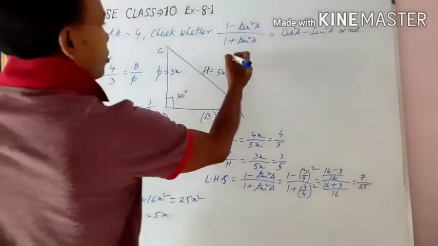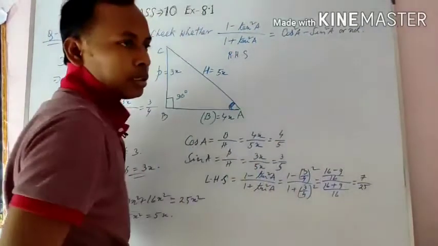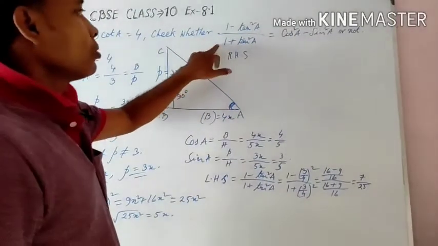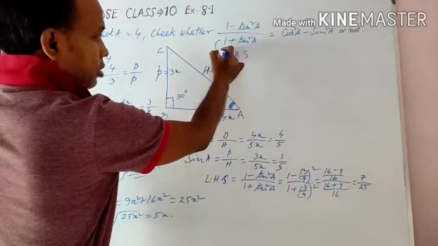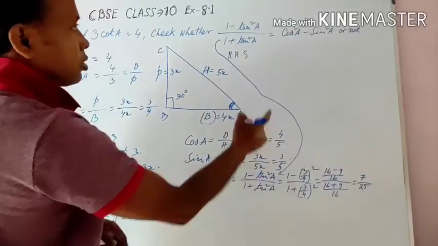So what is the value of right hand side? This is your left hand side, and this is your right hand side.